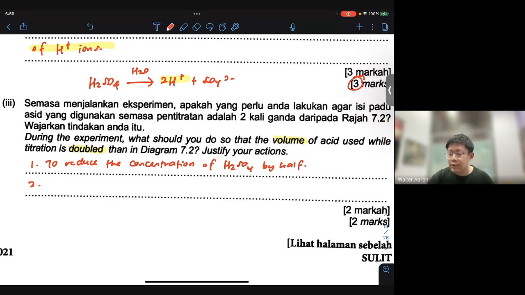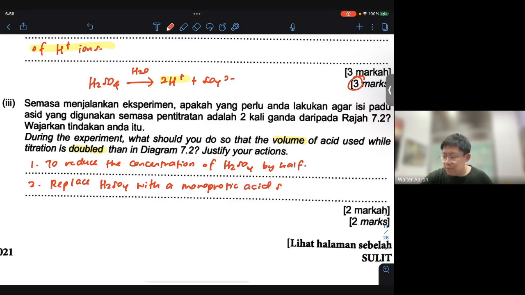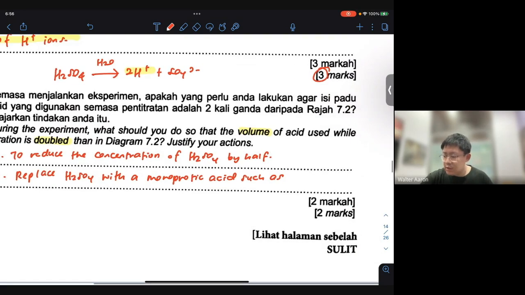Otherwise, you can also do this. Replace H2SO4 with a monoprotic acid such as hydrochloric acid or nitric acid.